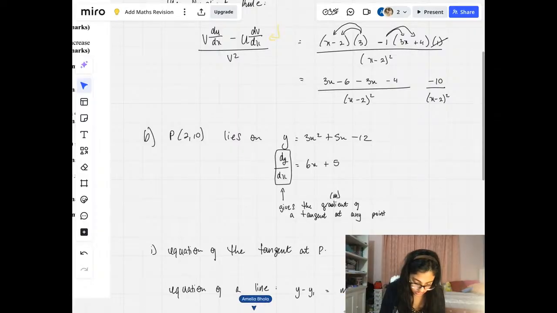So first I want to find the equation of the tangent, so I need to get a gradient.